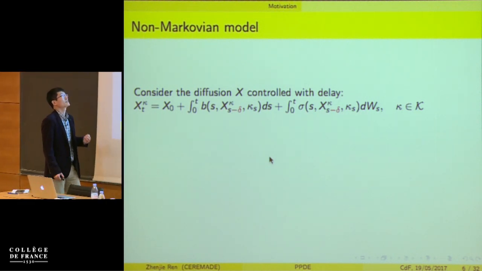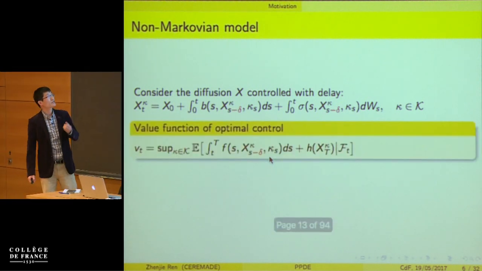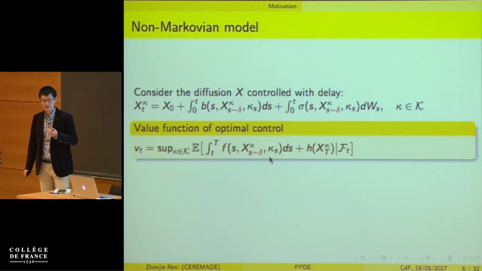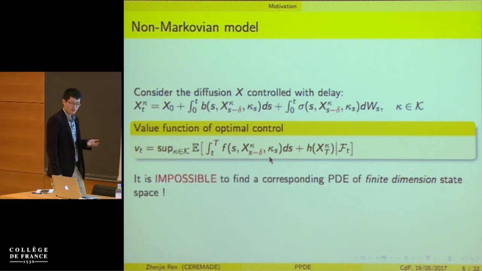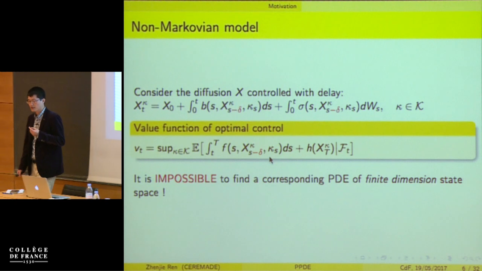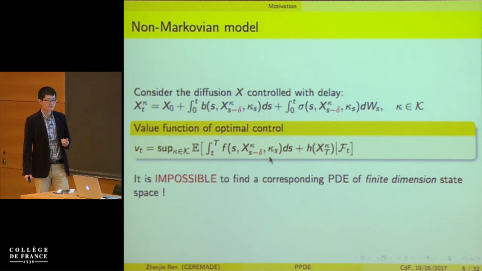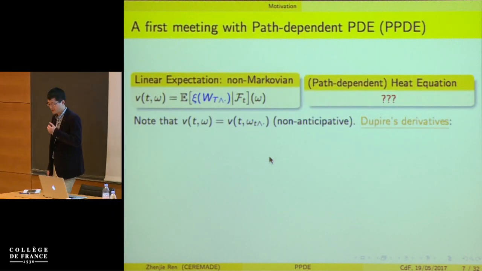So the information has delta time delay. In this case, we still consider the same optimization problem and denote the value function as V. So it's no longer possible to find a corresponding PDE on a finite dimensional state space. That's why we want to study the so-called path-dependent PDE.